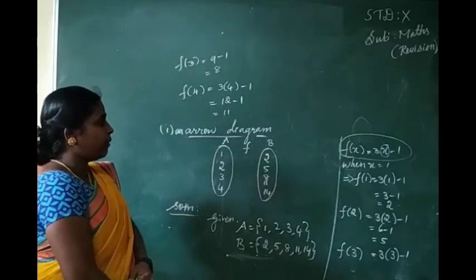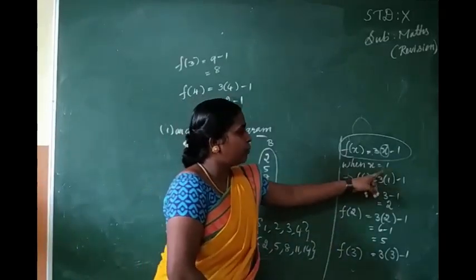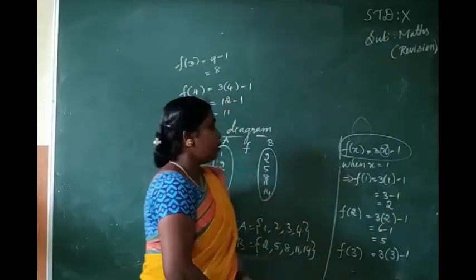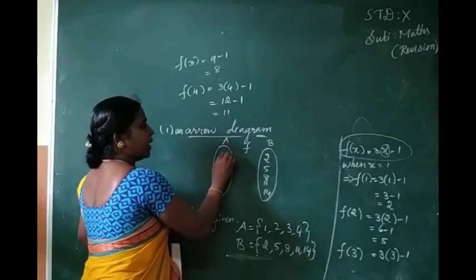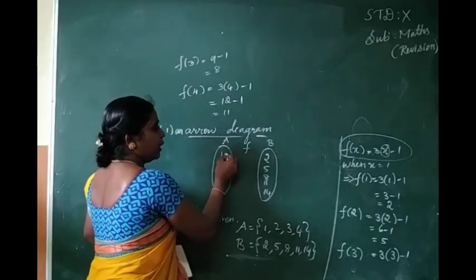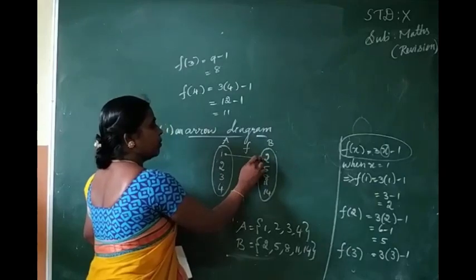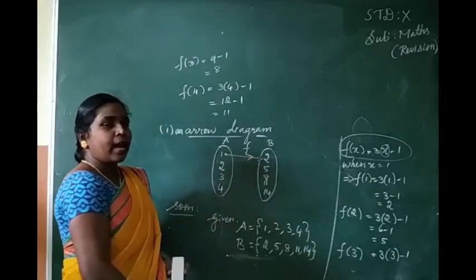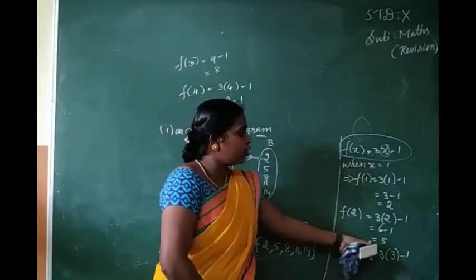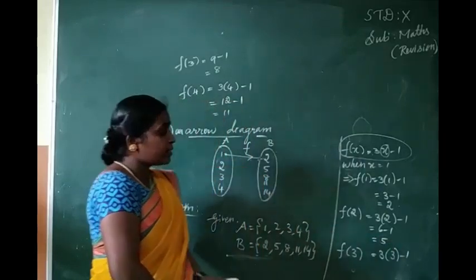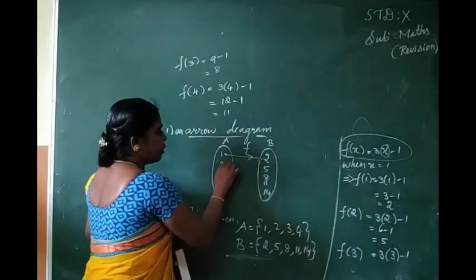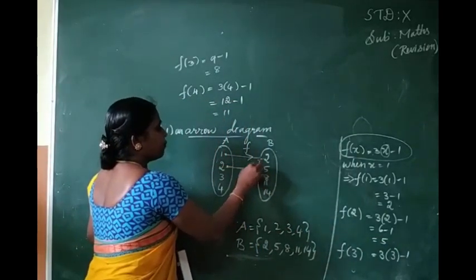Okay. Now you see the value. When x equal to 1, we got f of 1 value is 2. So first arrow. Next one, when x equal to 2, f of 2 is 5.